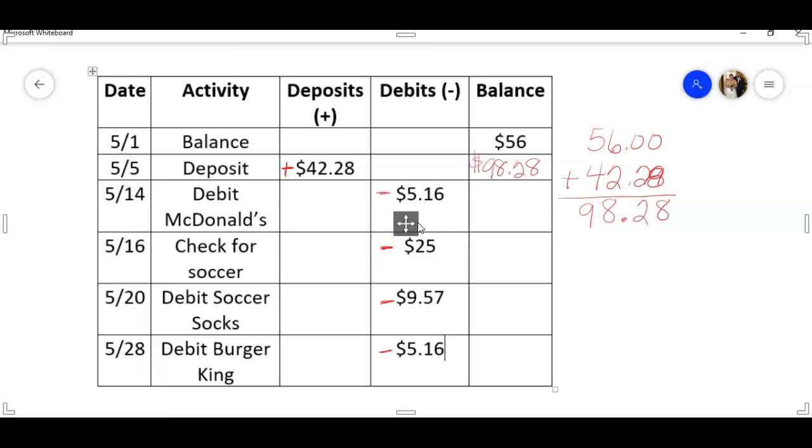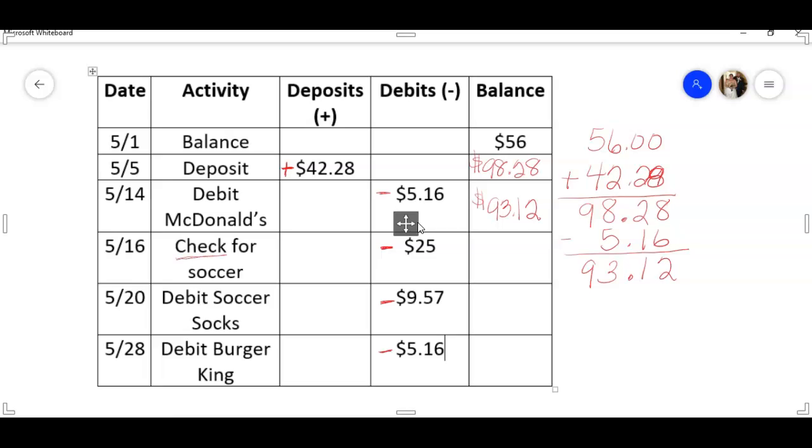Okay? On May 14th, he went to McDonald's and spent $5.16. So I need to subtract 516, which gives me $93.12. And a couple days later, he wrote a check.